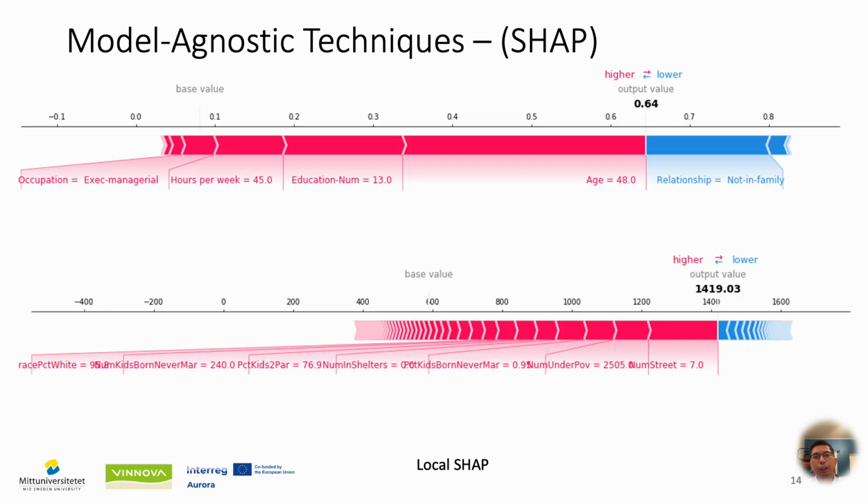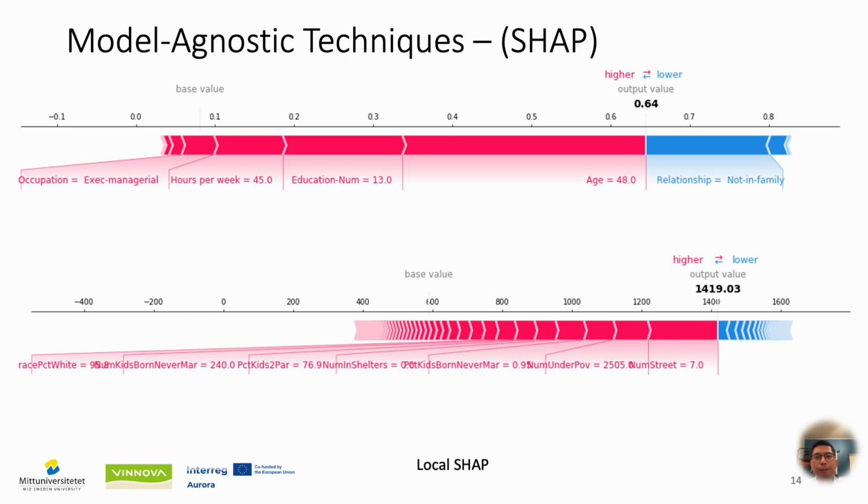Here we see how SHAP can explain individual predictions using what is called a force plot. We start from the base value, that is the average prediction of the model over the entire dataset. Then each feature pushes the prediction either higher, shown in red, or lower, shown in blue.